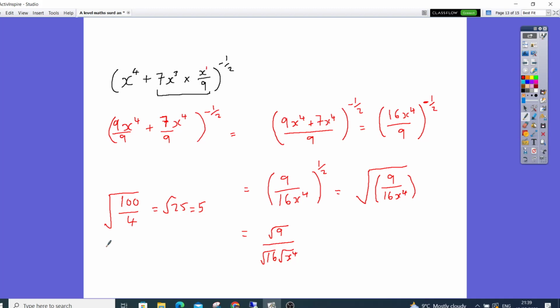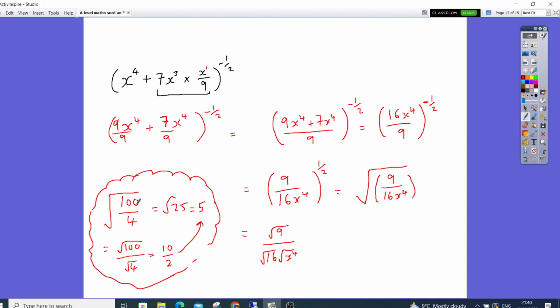Another way I could do this is by square rooting 100 and square rooting 4. The square root of 100 is 10, and the square root of 4 is 2, and 10 divided by 2 is also going to give me 5. I'm just putting that there as a thinking bubble, so you understand that when you're square rooting a product or a quotient, you can separate the square roots and it will still give you the same answer. You can prove that algebraically too if you want.